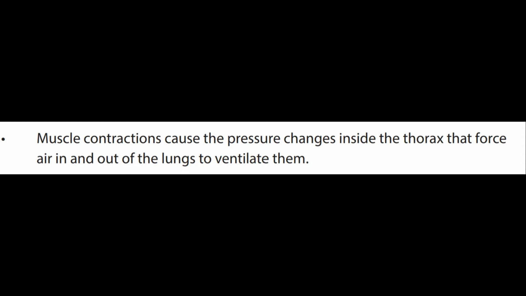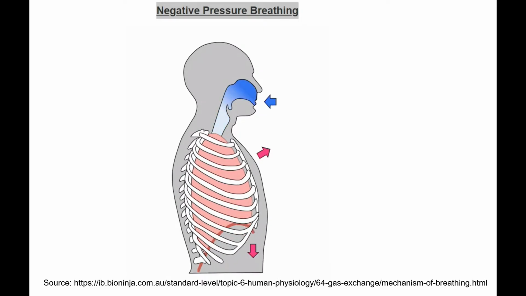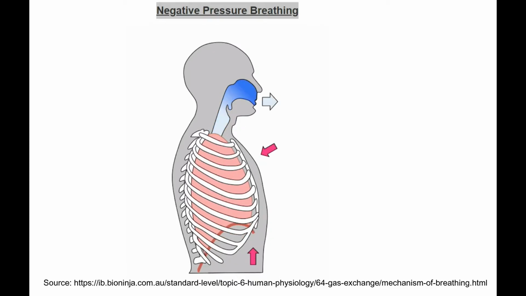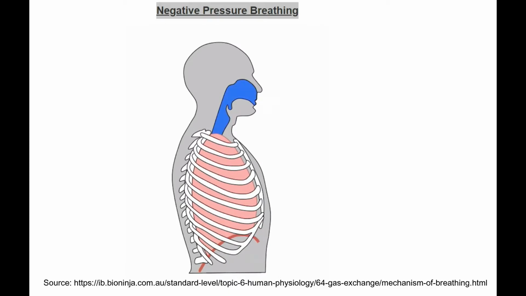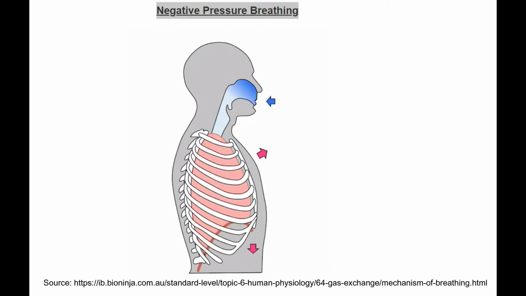Muscle contractions cause the pressure changes inside the thorax that force air in and out of the lungs to ventilate them. Breathing is an active movement of respiratory muscles that enable the passage of air into and out of the lungs. When the volume increases in the thorax cavity, pressure in the thorax decreases.